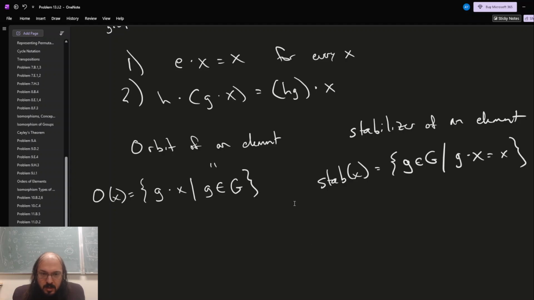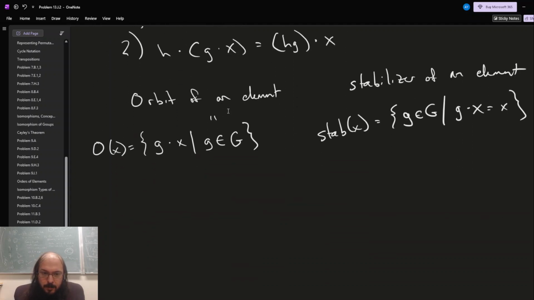They focus on the case where the group acts on itself via multiplication in the way that we saw, or even more specifically, just focusing on permutation groups, where G is a subgroup of some S X, and then by specifically writing them down as permutation elements, the action on X is by permutation.